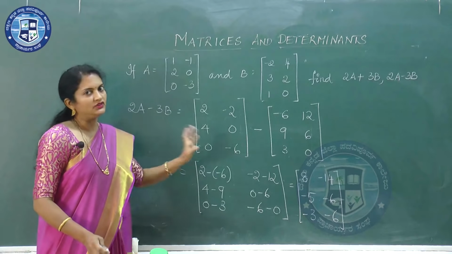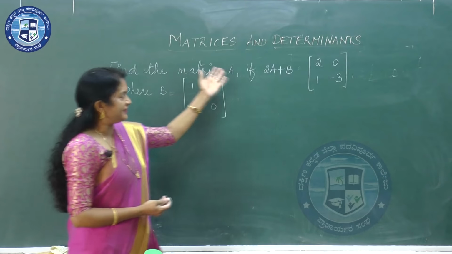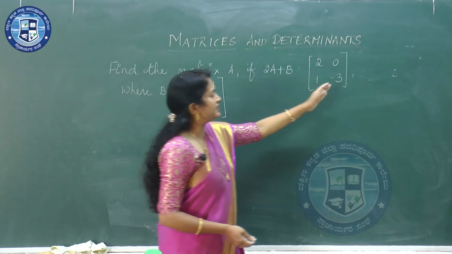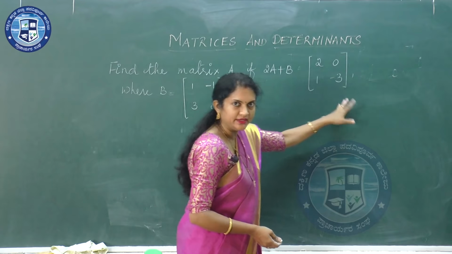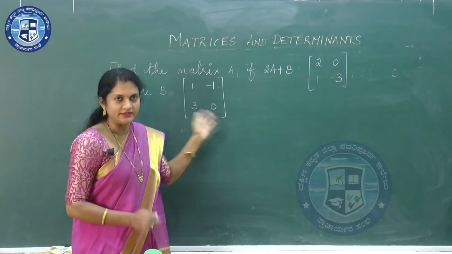This is 2A minus 3B. Now the next question is, find the matrix A if 2A plus B is equal to 2 0 1 minus 3, where B is equal to 1 minus 1 3 0.